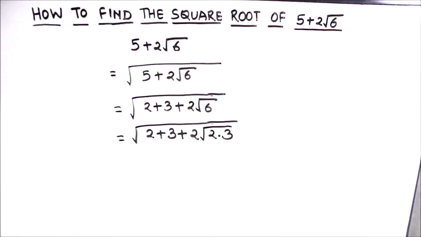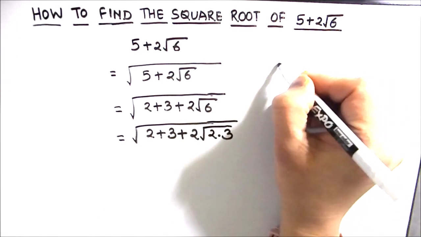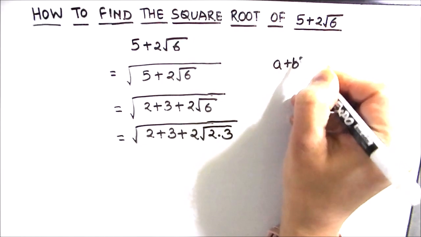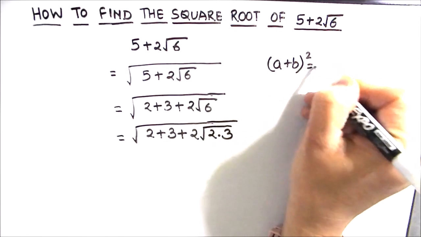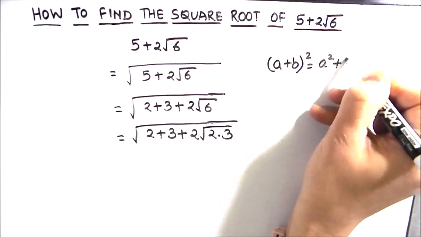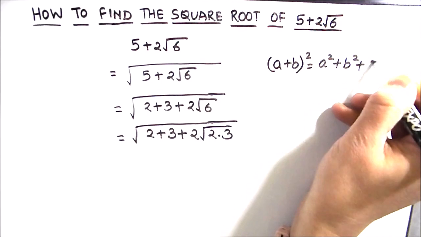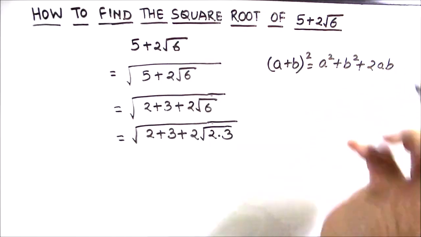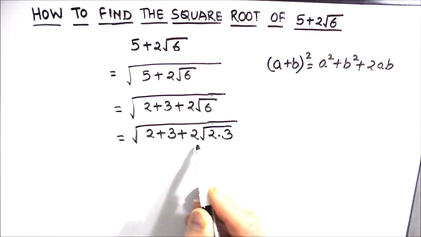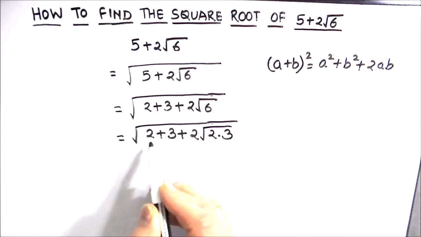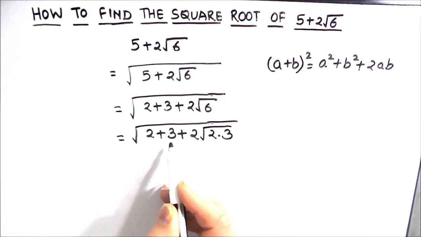Now here we can make use of the identity a plus b whole square, which is equal to a square plus b square plus 2 times a times b. So this term can be our 2 times a times b, and this can be a and this can be b.